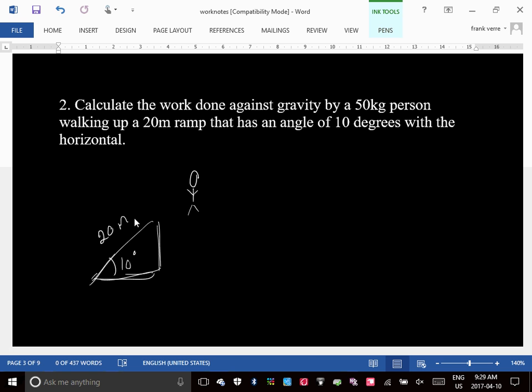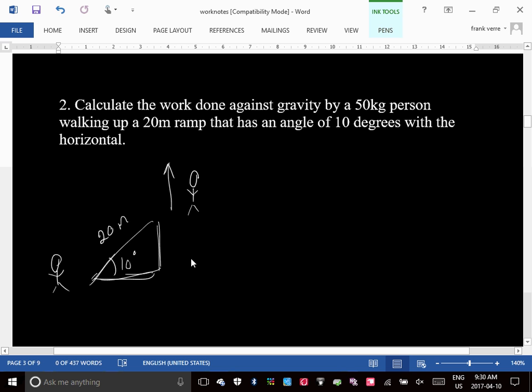Okay? And we want to know how much work is done against gravity. So that's a clue. Against gravity means what? Which way? Vertically. So if we're talking about an applied force vertically, then we need to think of which component of this ramp.